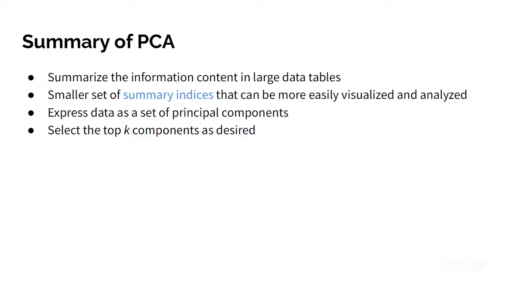So to summarize PCA, if you have a very large data table and you want to visualize it, or you can't work on like 1,000 different features because you don't have that much computation, you can use PCA to reduce the number of features that you want to work on, and it can be more easily visualized and analyzed. And you can select the top K components.